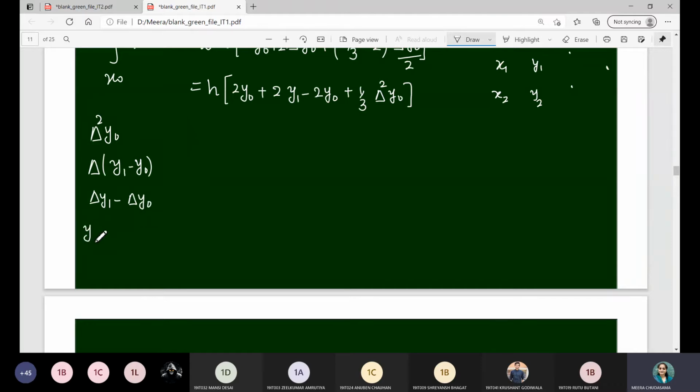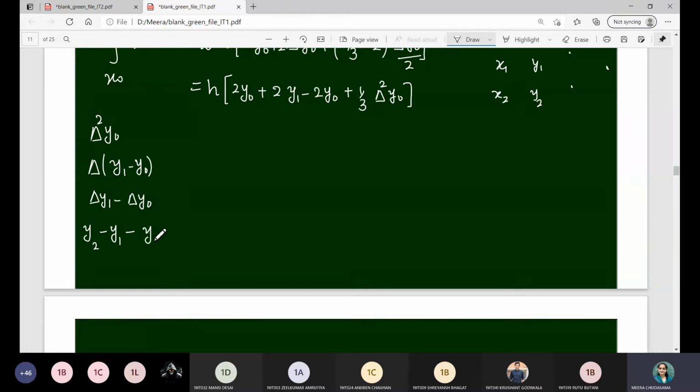Delta y1 is, what is delta y1? y2 minus y1.